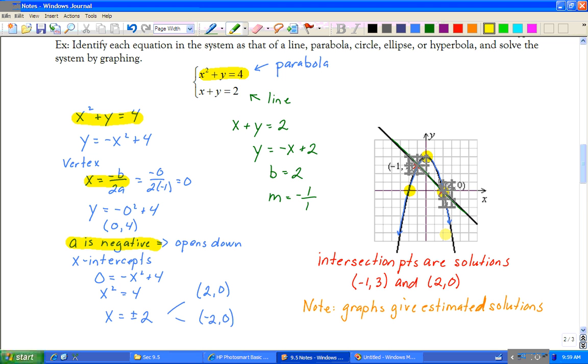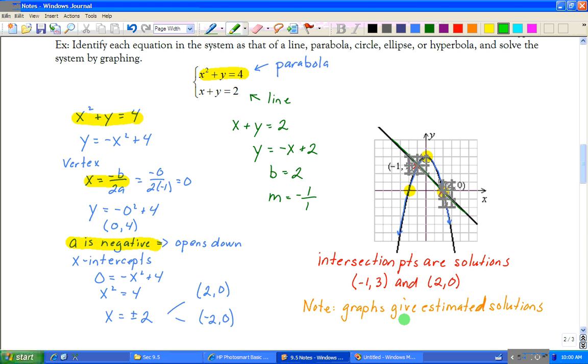Then for the linear equation, again, we can solve that for y. Our y-intercept is 2, so plot that. Our slope is negative 1 over 1, go down 1 over 1, connect those together, there's our line. So we're looking for our intersection points, which happen to be, in this case, (-1, 3) and (2, 0).